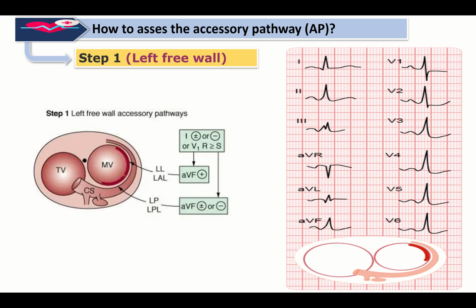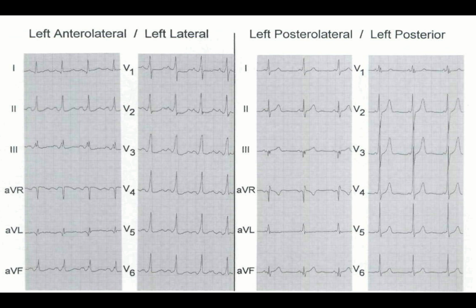Step number 1, left free wall. How do we know? Tall R in V1, R more than S in V1, or negative delta wave in lead 1 and aVL. Here we can appreciate clear evidence of a left lateral accessory pathway, and transseptal puncture is indicated.